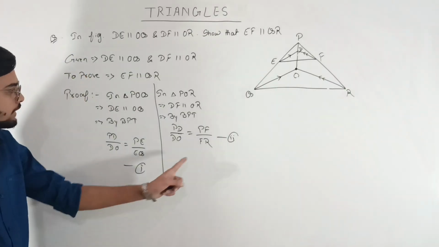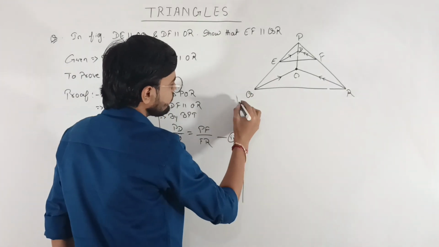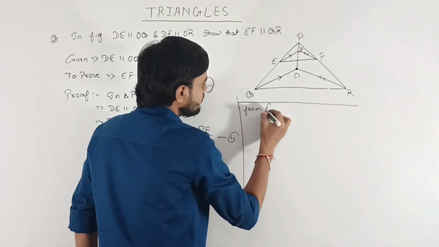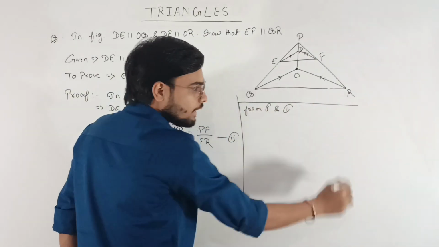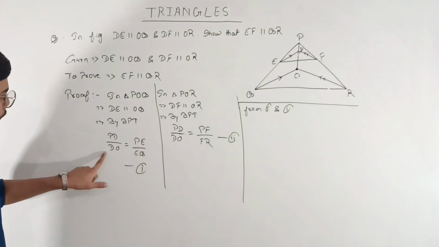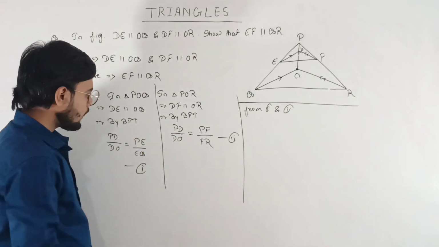So now from first and second, what do we write? PD upon DO is the same in both. LHS is equal, then RHS is also equal, that is PE upon EQ and PF upon FR.